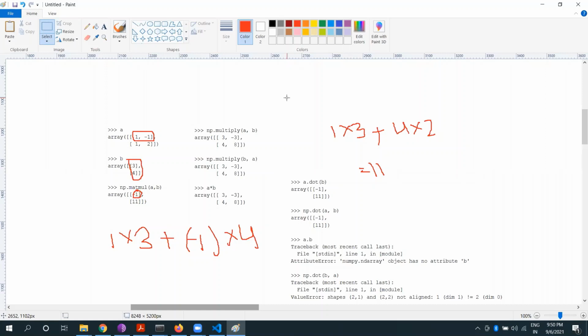Okay. So the dot product exists in matrices also, right? Matrices also have dot product, cross product, if you are aware. They have inner product, scalar product.